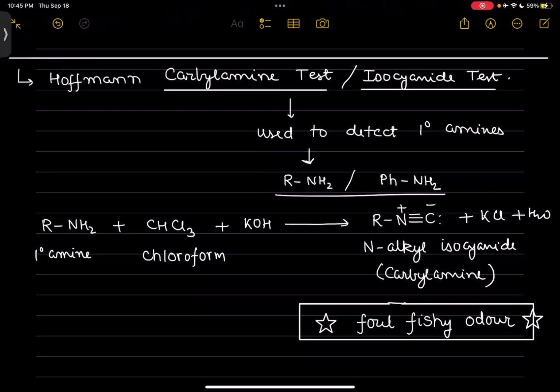Because of the foul smell or fishy smell, a primary amine can be detected. Only primary amines give this test.